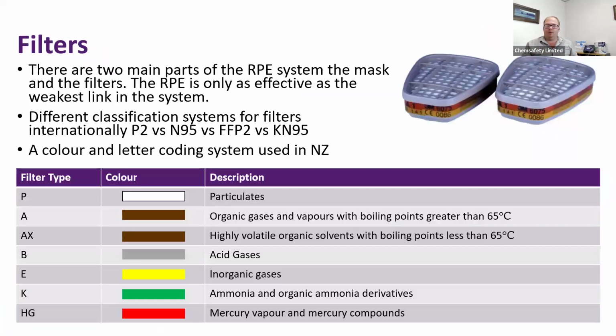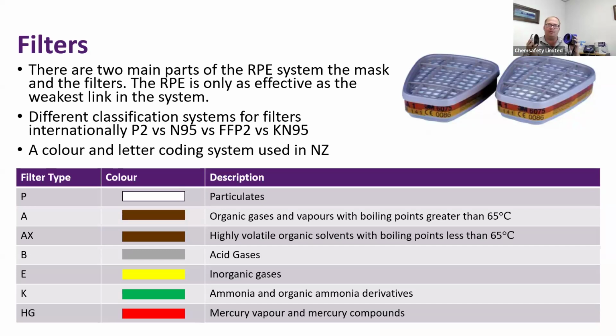Okay, now with any respiratory protection system, by system I mean respirator, there are two parts, the mask and the filter. And the system is only going to be as effective as the weakest link. So if I have a filter that's damaged or lower grade versus the mask, then I'm only going to get the protection of the lowest level, even if in theory this mask could provide P2 level protection.